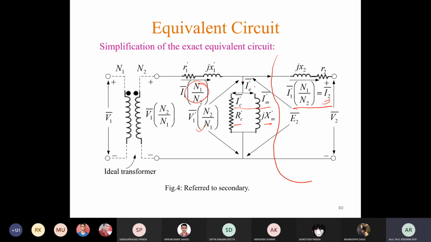While transferring this equivalent circuit from primary to secondary, this load component has to be multiplied by the equivalent turns ratio. And while referring to primary side, this I2 current has to be multiplied by the proper turns ratio to get I1 dash. Is it clear now? Any doubt?